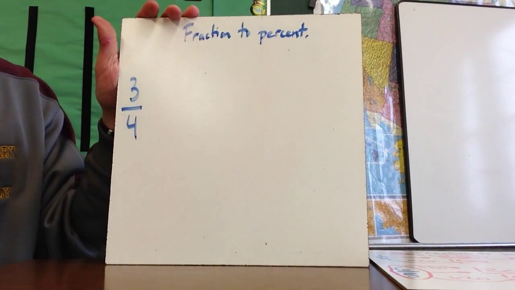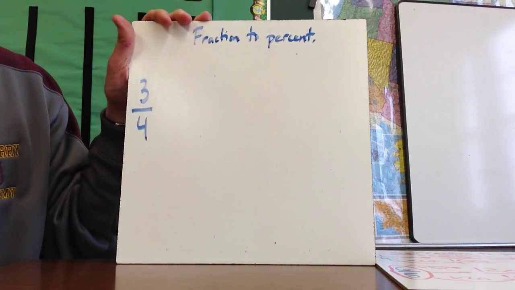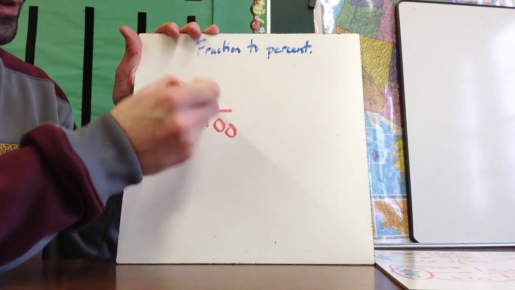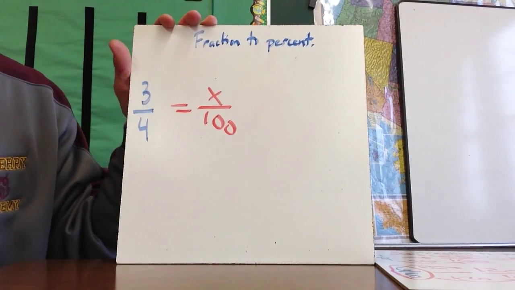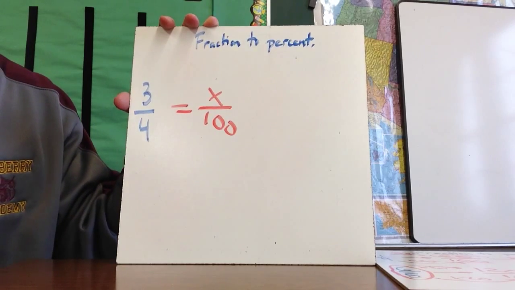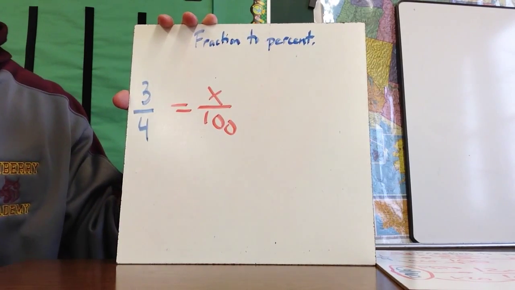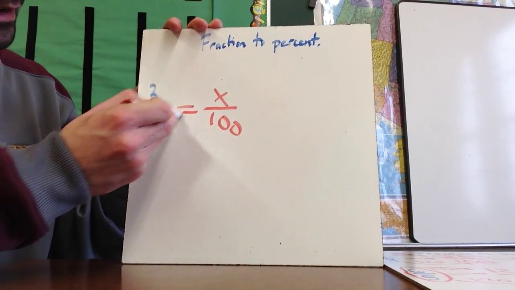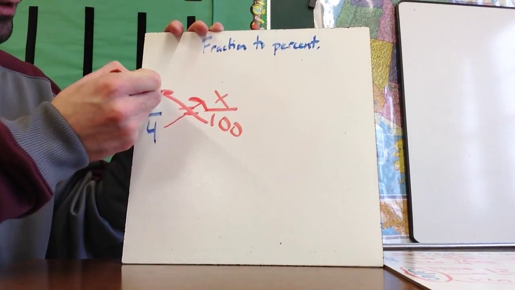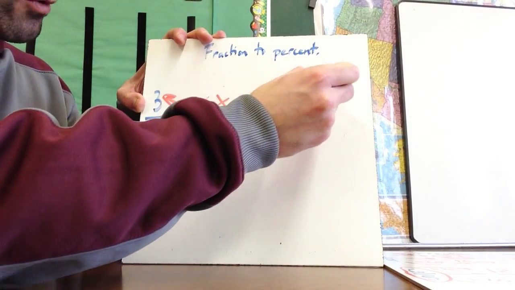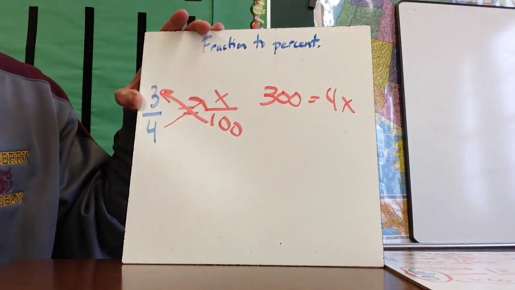Another way, if that way doesn't make the most sense to you, is to turn this into a cross multiplication problem. Some of you may already know what the percent is, so I purposely picked a fraction that you might already know the answer to, so you could see how this works. I'm going to multiply across, and I end up with 300 equals 4x.